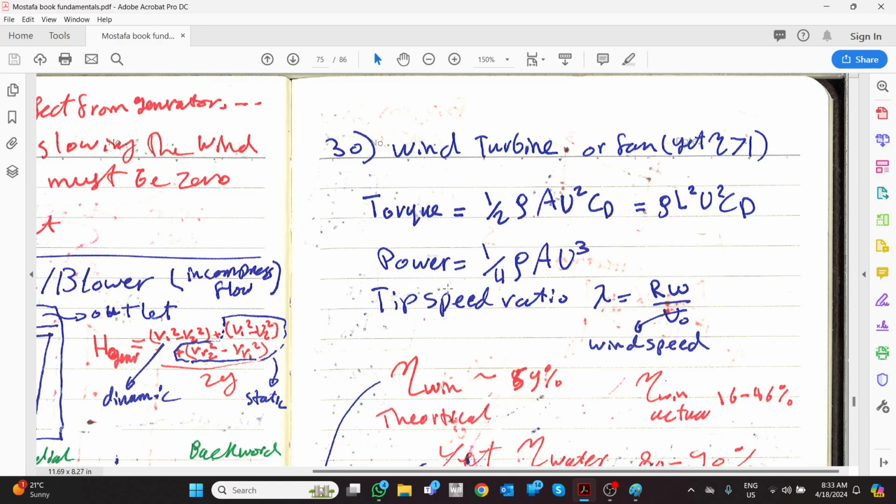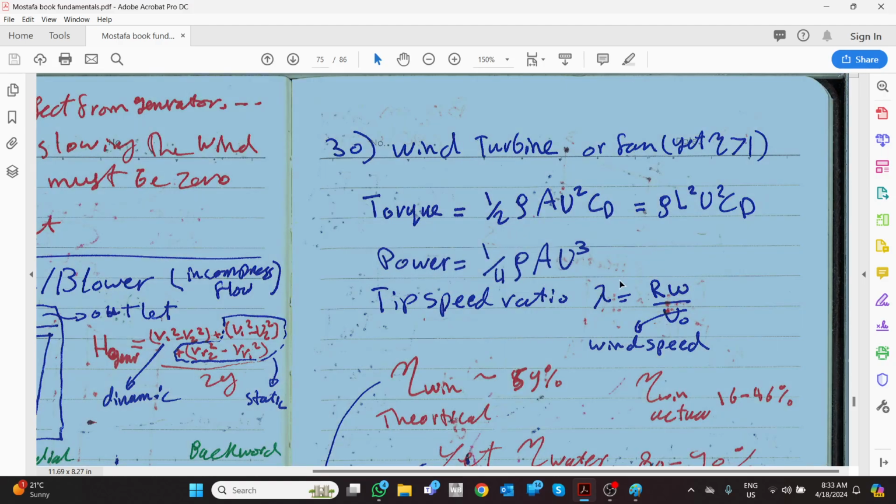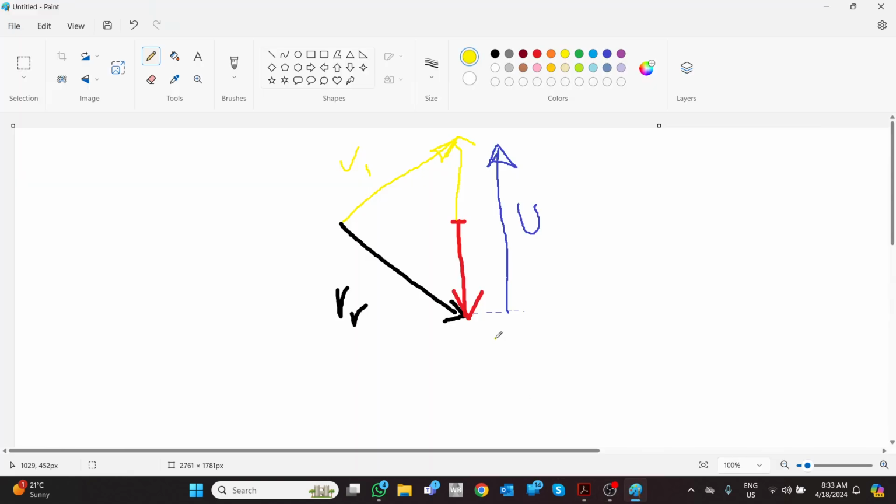Then we're just going to discuss the factor. As we agreed, we need to know how we got this formula. Bear with me, open the paint. Even this one, we don't need to draw the velocity profile because it is way, way easier to note.